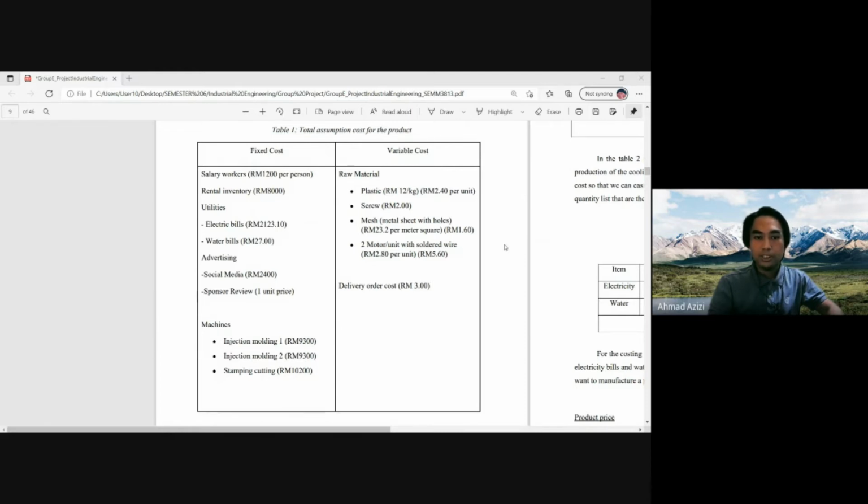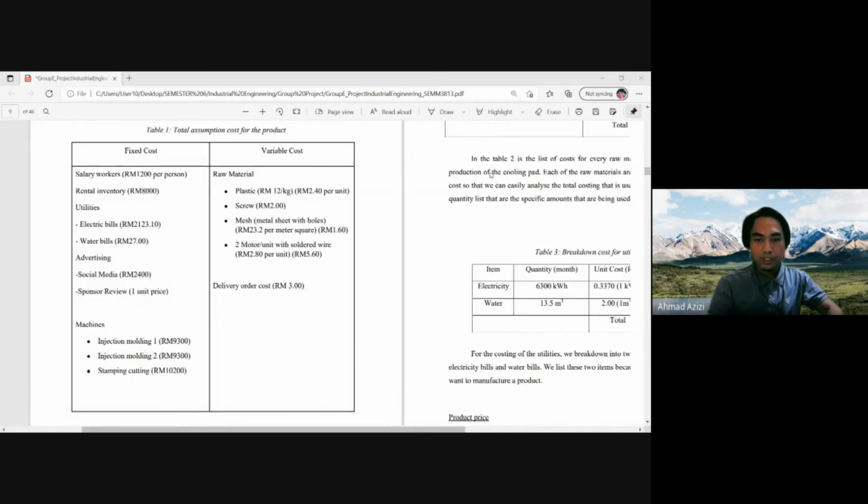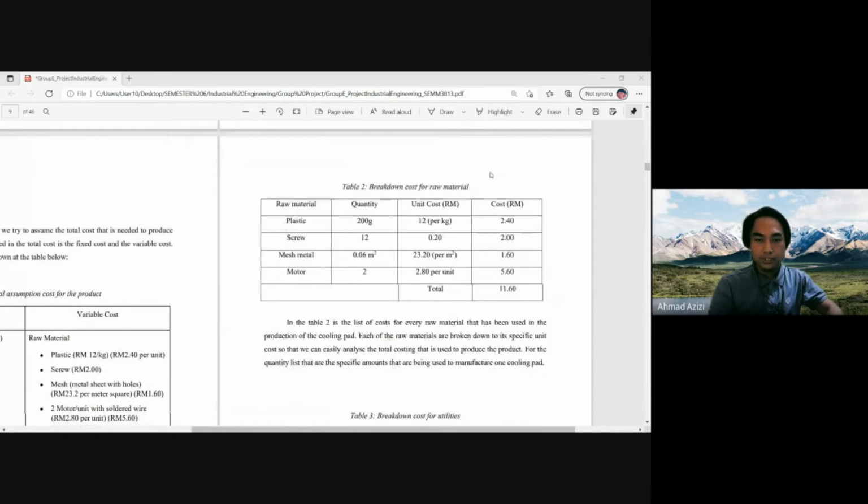To produce the product, we use three types of machine: injection molding 1, injection molding 2, and stamping cutting. For the variable cost, we use raw materials, which consist of plastic, screws, mesh, and two motors.